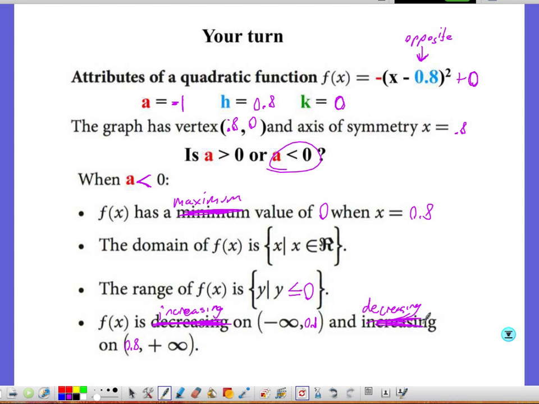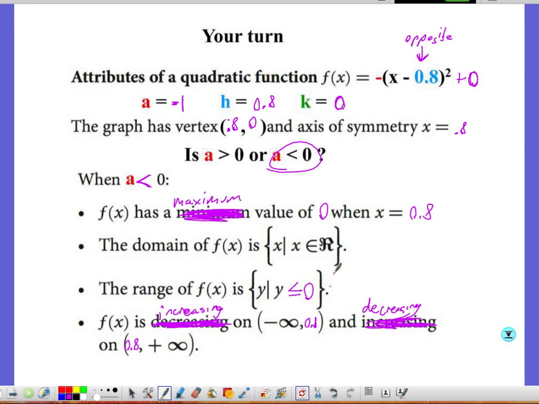So notice that since we're using a is less than 0, we change minimum. We don't have a minimum, we have a maximum. And we are increasing from negative infinity to 0.8 and decreasing on 0.8 to positive infinity.